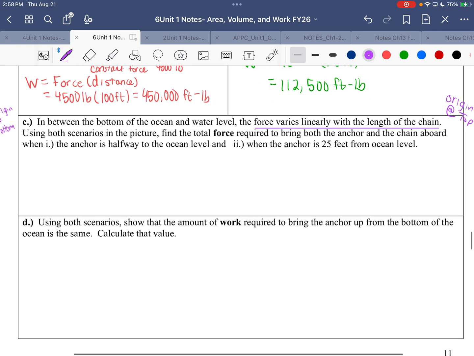It would help to identify your forces. So we have the force, or the weight, of the anchor, and we have the chain. And if it's a force, the units are in pounds.